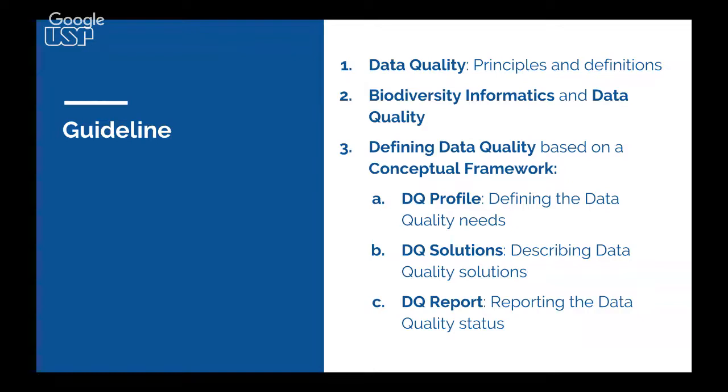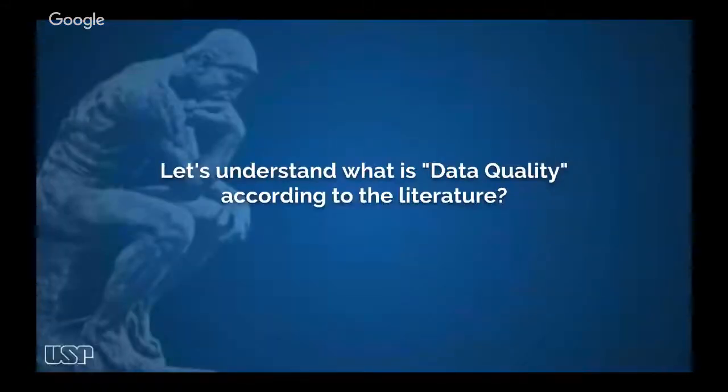And then I will present a conceptual framework that was designed to try to support the biodiversity informatics field in the data quality issues. Okay, so let's start with the first part.